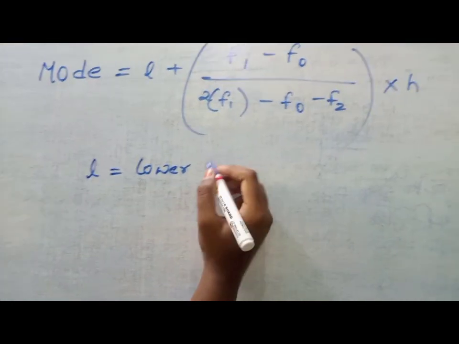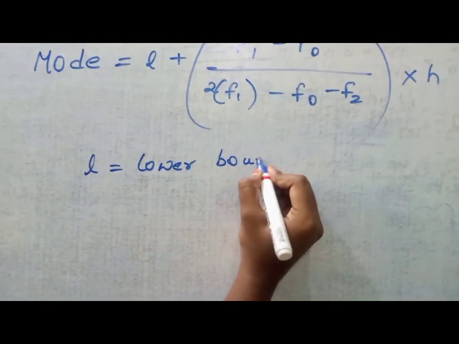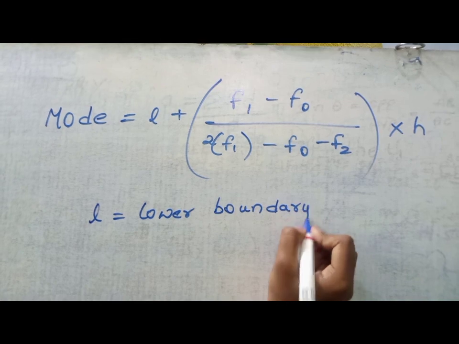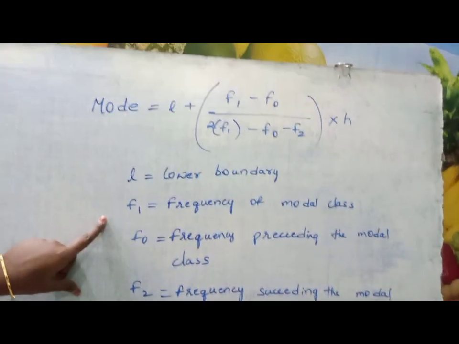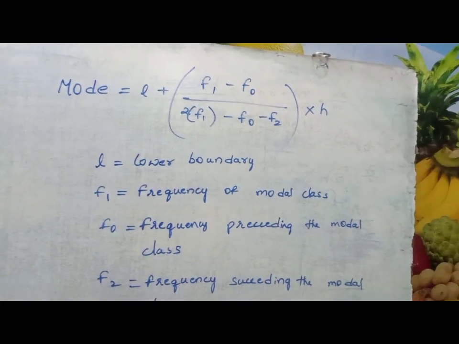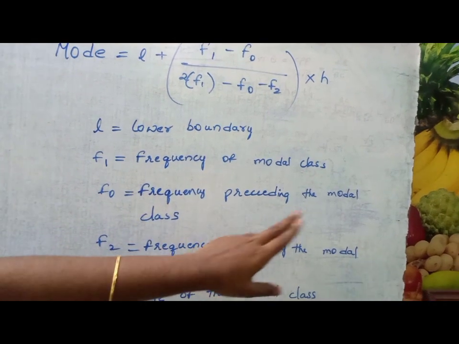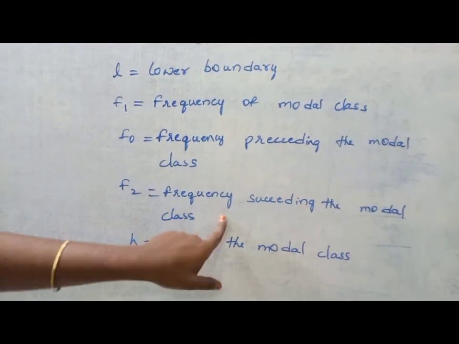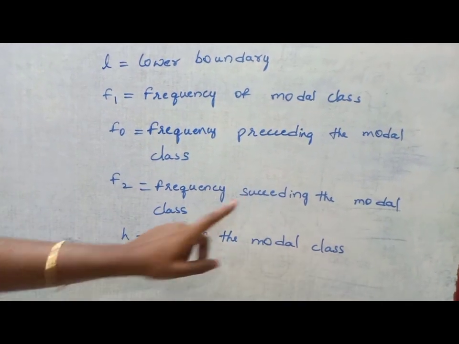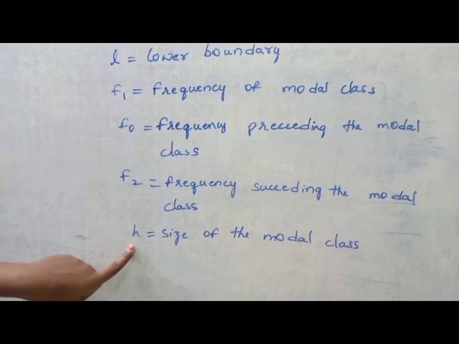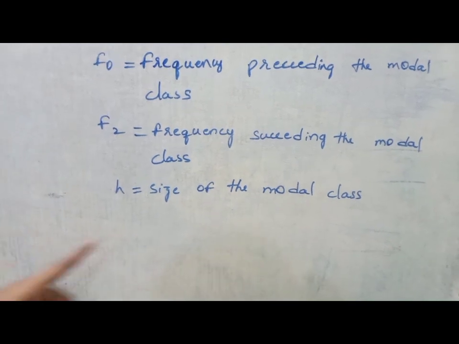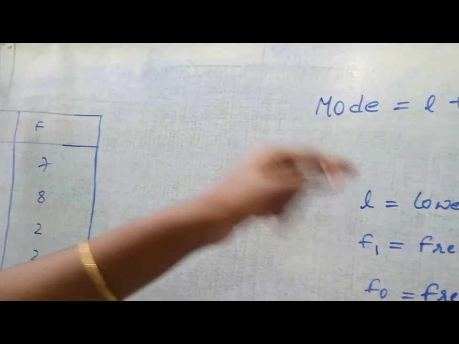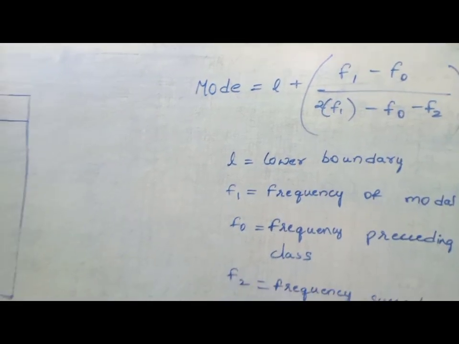F1 is frequency of modal class. F0 is frequency preceding the modal class. Preceding means the upper one. F2 is frequency succeeding the modal class. Succeeding is the downward one. H is the size of the modal class. Based on this formula, we will do a problem.